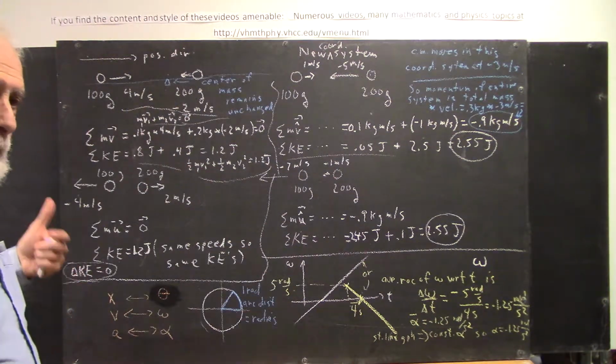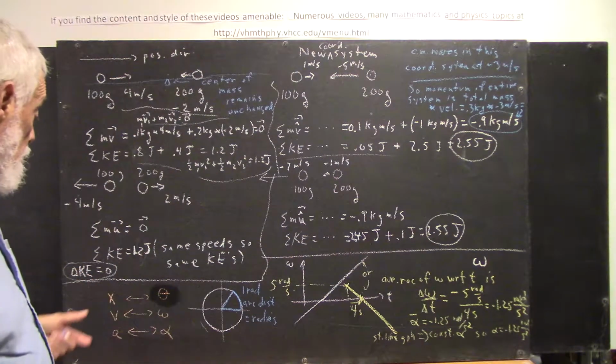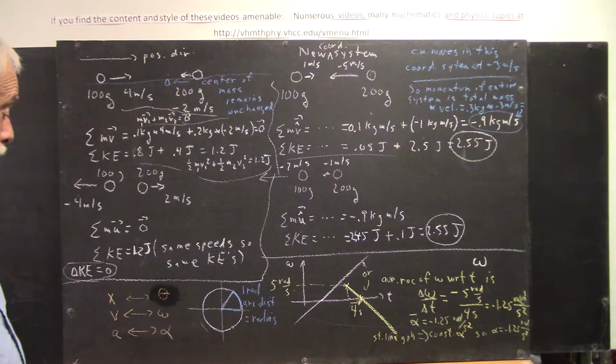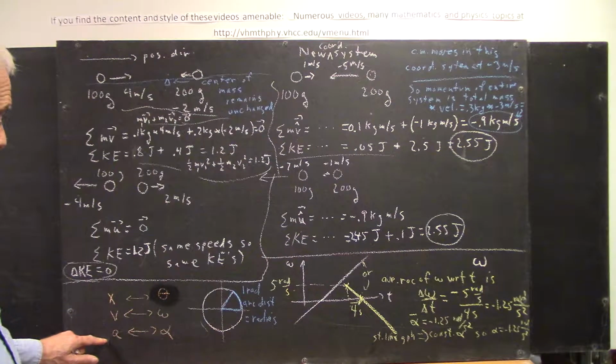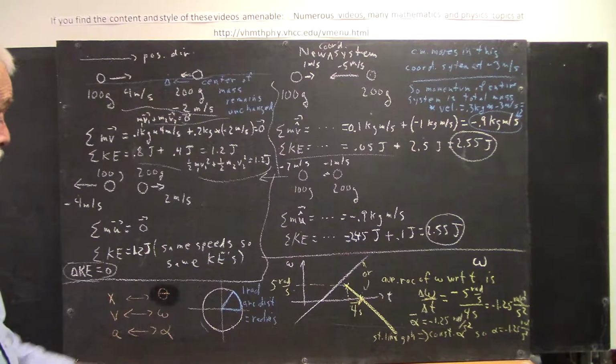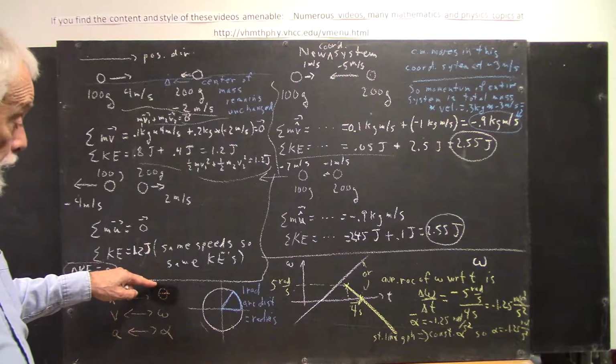Everything you reasoned out about uniformly accelerated motion along a straight line applies to angular acceleration, and all you have to do is replace velocity with angular velocity, acceleration with angular acceleration, and position with angular position theta.